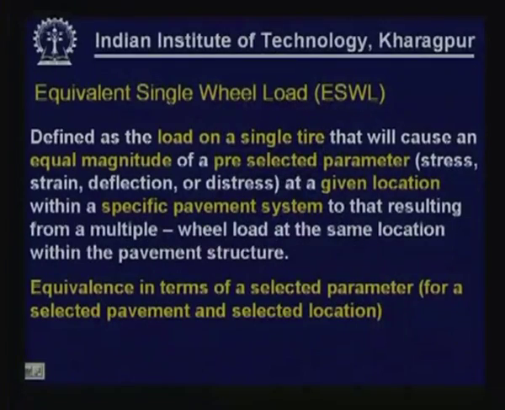Individual agencies define equivalent single wheel load using different frameworks of what pavement system is considered, what is the location at which this parameter is calculated, and what is the parameter we are calculating. So, equivalence is in terms of a selected parameter for a selected pavement at a selected location.